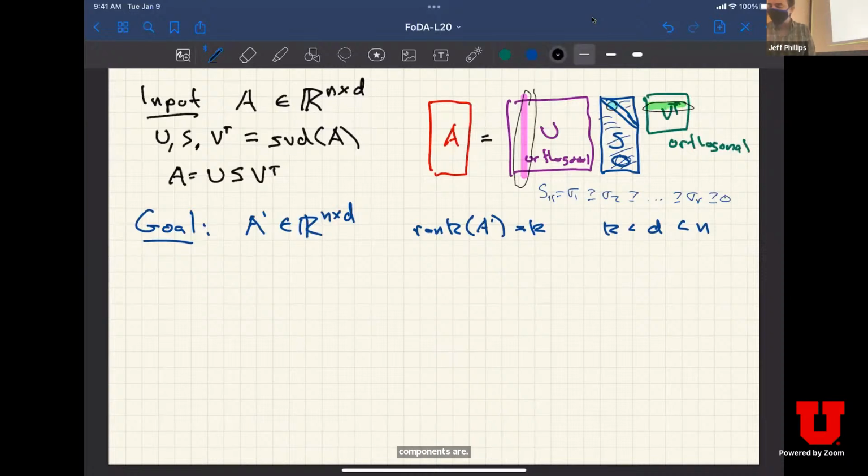And so what we'd like to do is recover A prime. Now let's go back to this goal. We'd like to find A prime, which is rank k, and we'll call this A sub k.